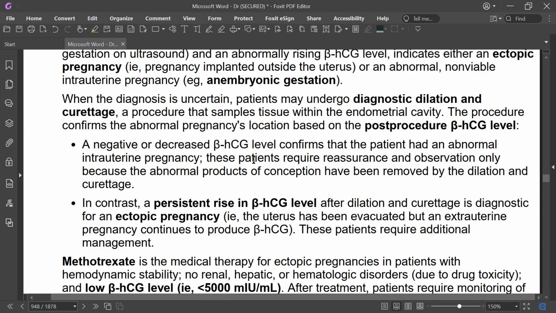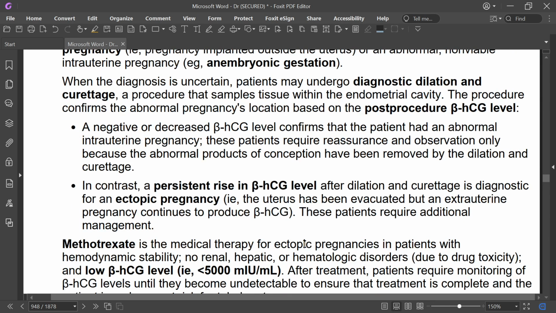Abnormal products of conception are removed by dilatation and curettage. In contrast, a persistent rise in beta HCG after dilatation and curettage indicates ectopic pregnancy. The uterus has been evacuated, but the extrauterine pregnancy continues to produce beta HCG. These patients require additional management.